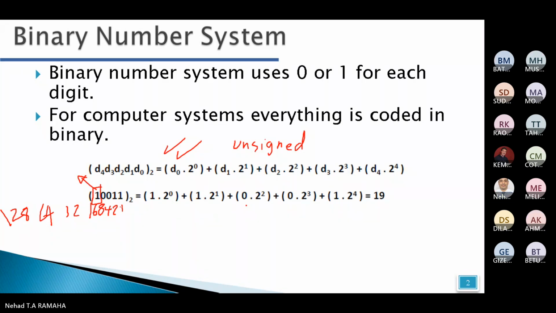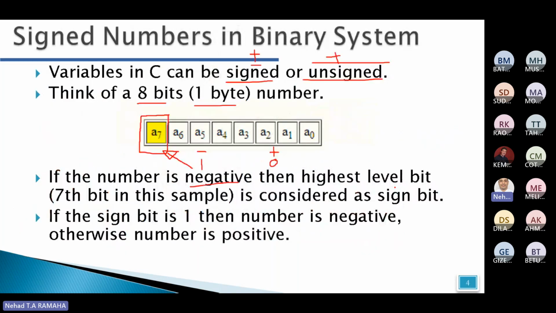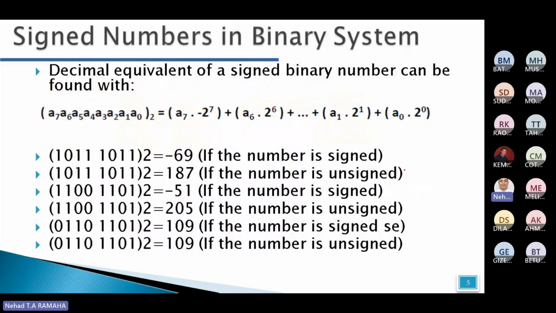So how to convert signed to a decimal number? It's not like this, because we consider the last one the sign, but here is this example for unsigned binary. So let's see in the signed binary what's the difference.